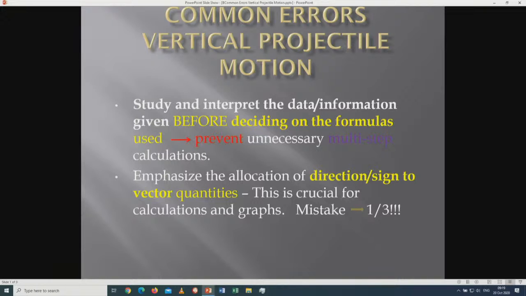If you choose upwards as positive, then you will know g, gravitational acceleration, will be negative, and for instance, your initial velocity, throwing it upwards, will be positive.